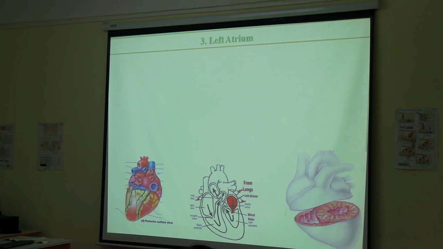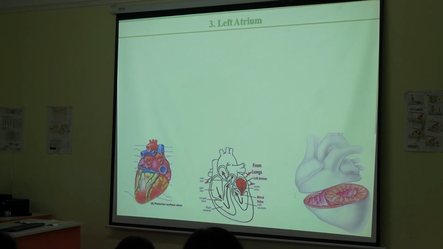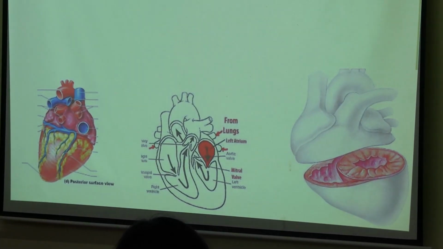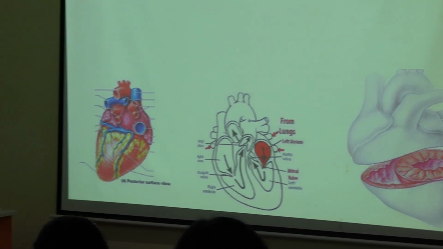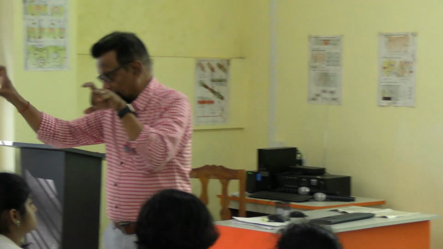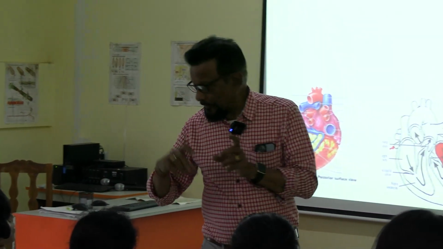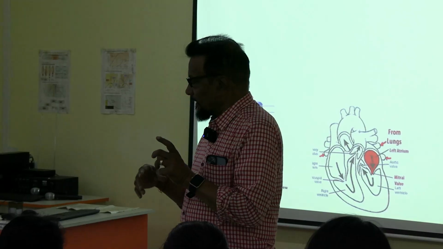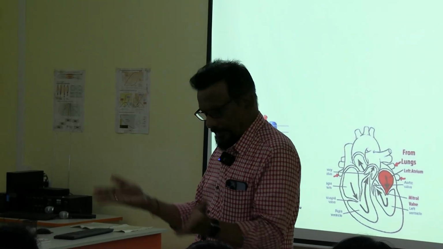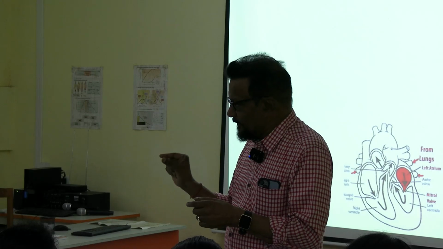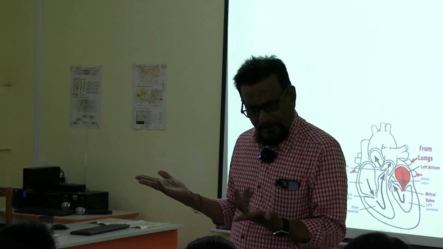Again, why is there hypertrophy? Definitely resistance is more than normal. The ventricle sends blood to the periphery, to the systemic circulation. If the resistance in the peripheral circulation is normal, then a thickness of 10, 11, 12 is okay.